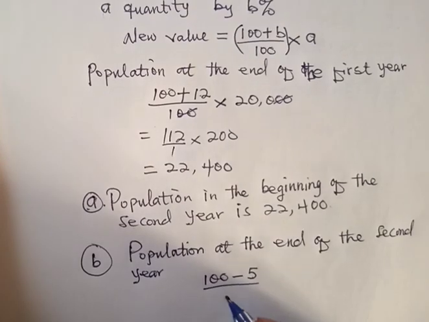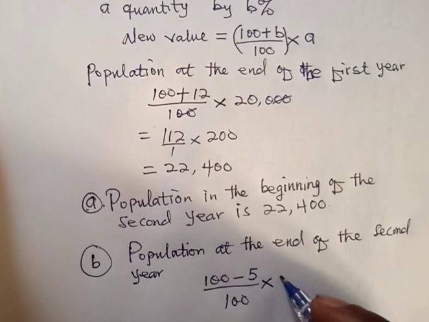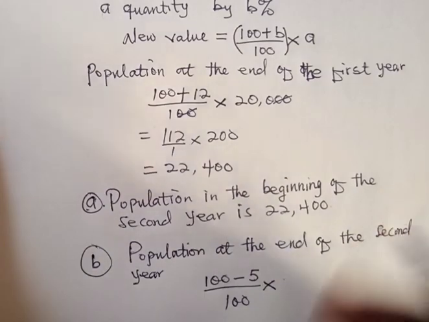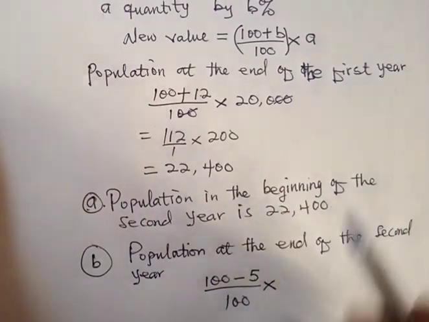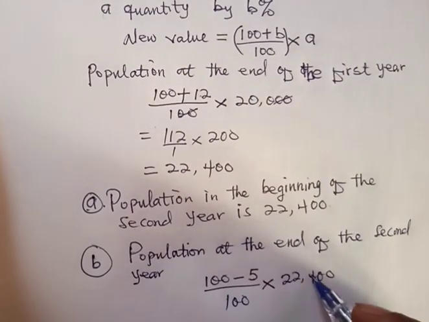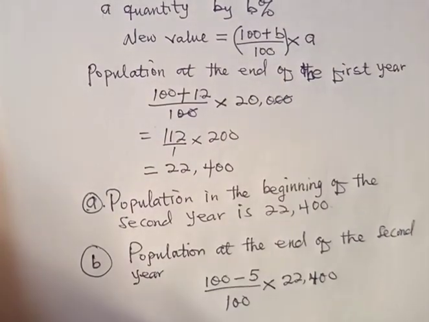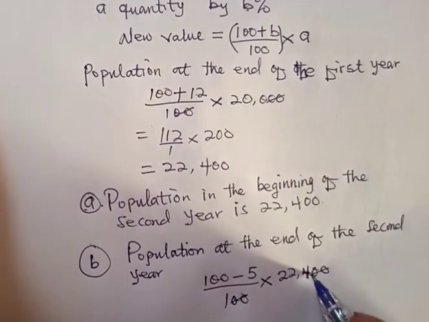So I will subtract 5 from it, all divided by 100 times the initial population. And what is the initial population? This is my initial population. That is 22,400. Okay, that's great. Since we have this, we can also cross this and cross these two zeros.